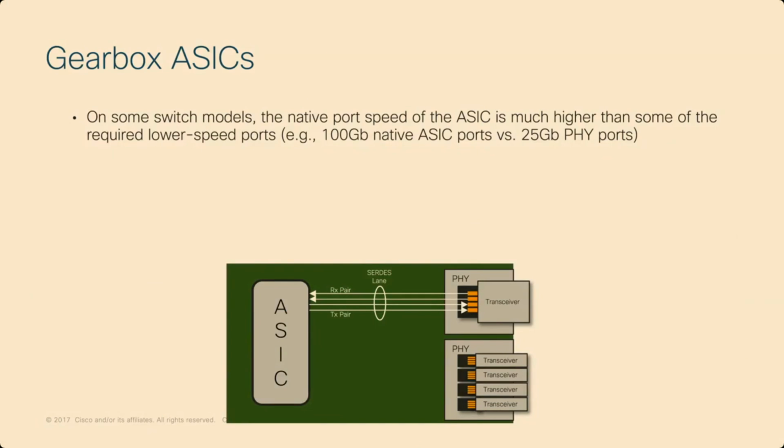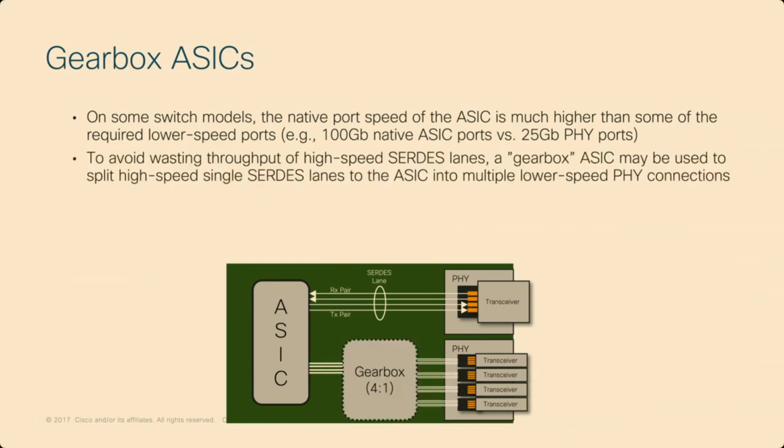But maybe I want to take the next 400 gig port on that ASIC and break it up into multiple 100 gig transceiver connections. In order to do that, we might put something called a gearbox on the system. So the gearbox is responsible for breaking up the lanes from the ASIC into additional connections for lower speeds. So basically, it's kind of like putting a breakout cable embedded on the system board.